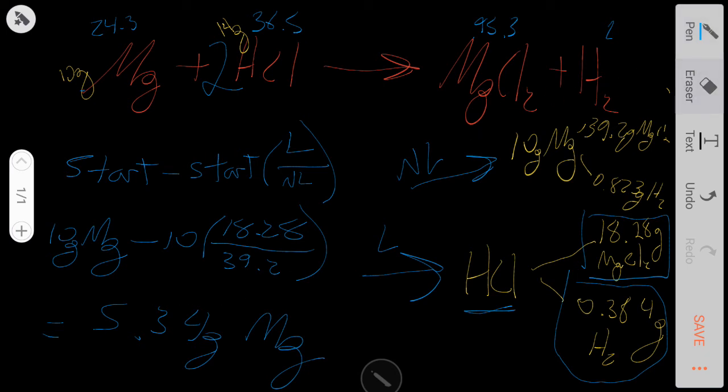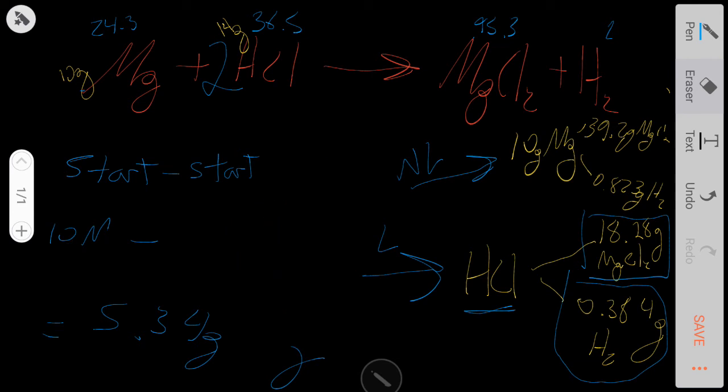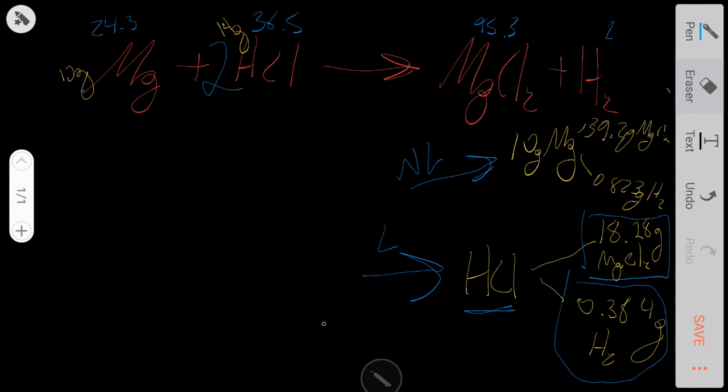Cool. Now there's a question of let's say we went to the lab and we actually took 10 grams of magnesium and we actually took 14 grams of HCl and carried this reaction out. Based on our calculations, I should have only been able to make the amount from my limiting reagent, which in this case was 18.28 grams of magnesium chloride and 0.384 grams of H2.